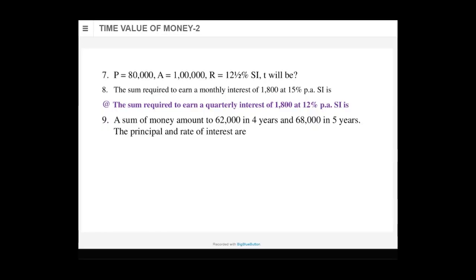Rate is 15% per annum, and interest is monthly.